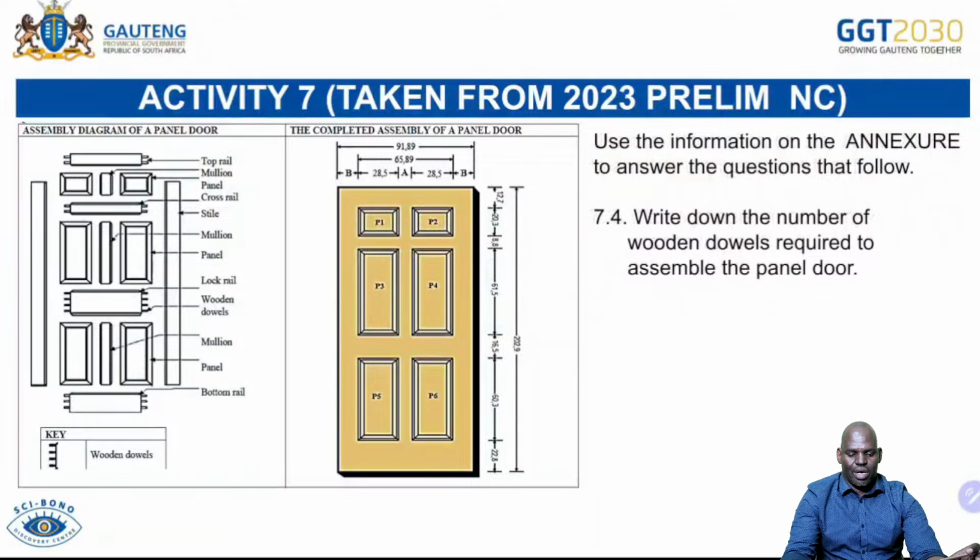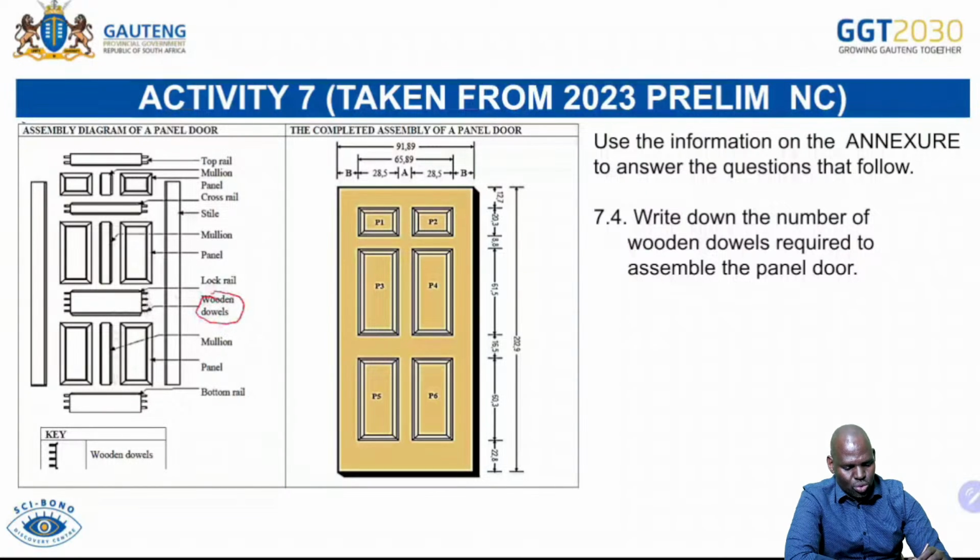Then 7.4. Write down the number of wooden dowels required to assemble the panel door. If we look at the wooden dowels, you can see it's indicated in all these parts that you see here.